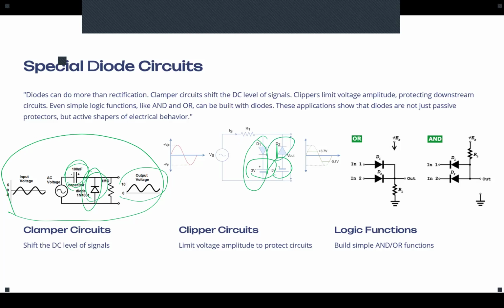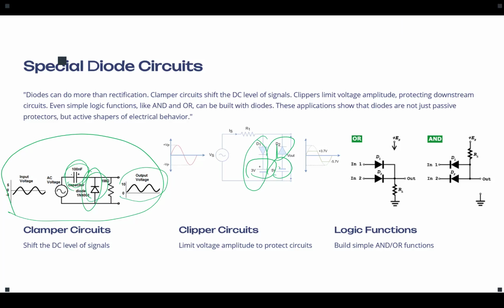This one is reverse bias, meaning it would chop the negative half cycle. If you run a simple, very simple KVL over that, you would see how it works.